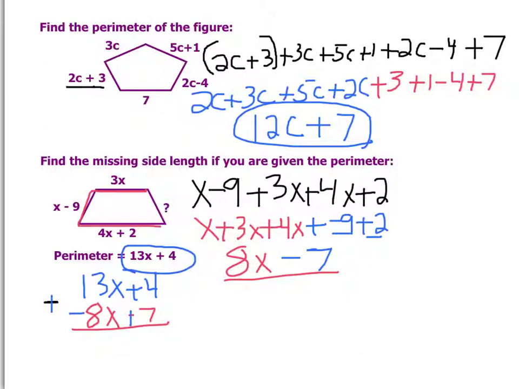Now I just add going down. 13x plus negative 8x is 5x, and 4 plus 7 is 11. So this missing side is 5x plus 11. That's my missing side.